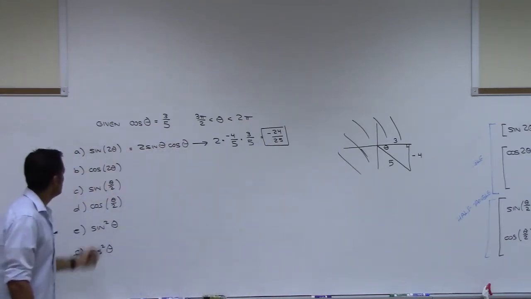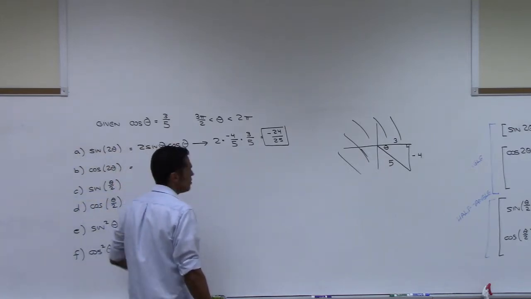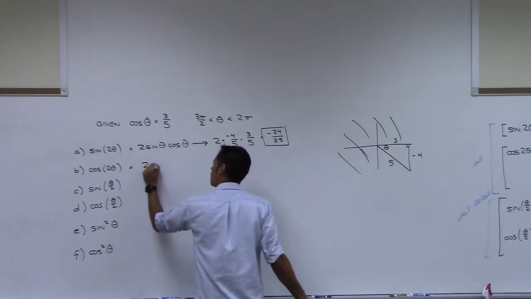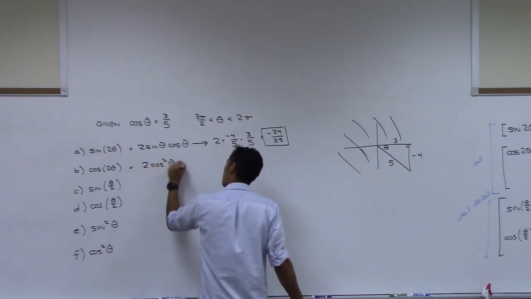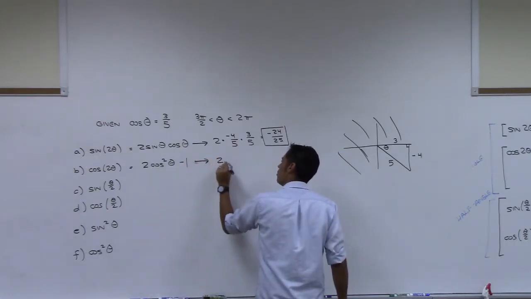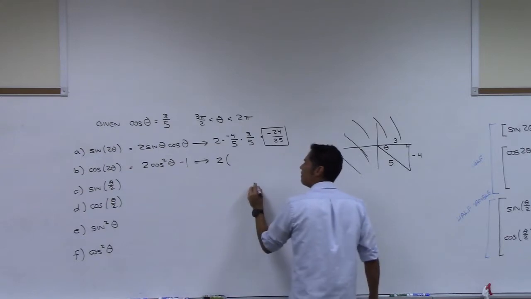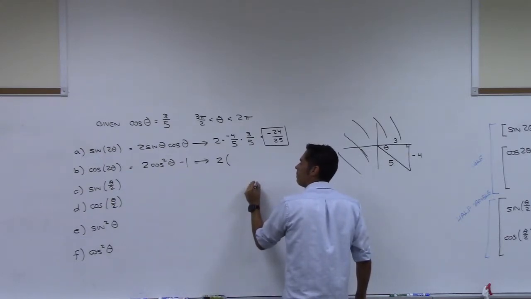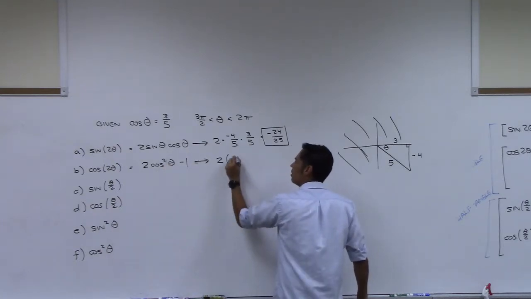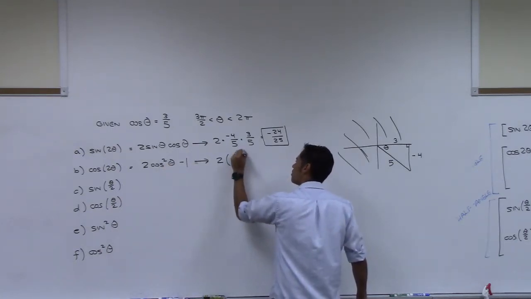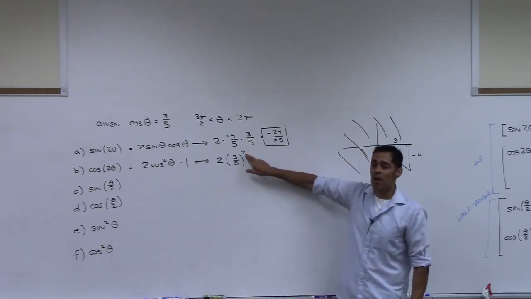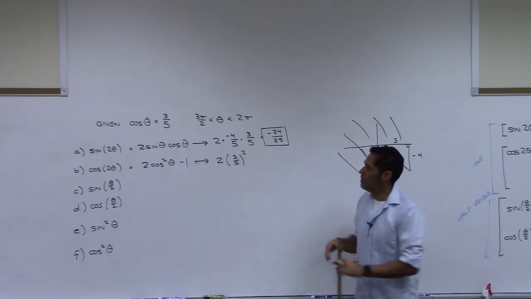All right, let's do cosine 2 theta. I'm going to use that formula right there. It's 2 cosine squared theta minus 1, which for us here is 2 times cosine theta squared. What is cosine theta? Because I need to take cosine theta and square it. So 3/5, and then squared, and then I have -1.